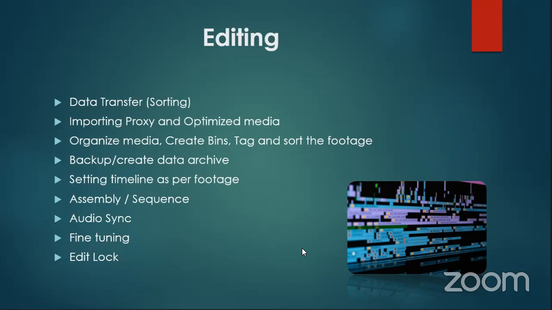After creating a backup of the entire project, there is again an important stage where we create a canvas, or we can say a sequence, to line up your movie or your storyline.